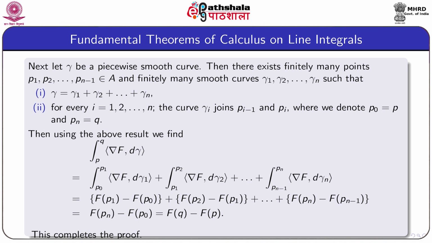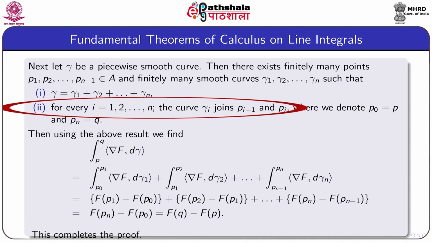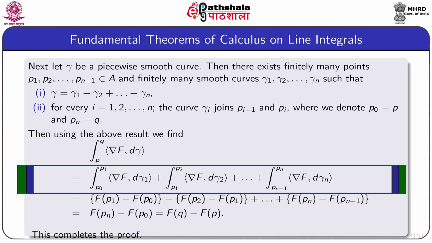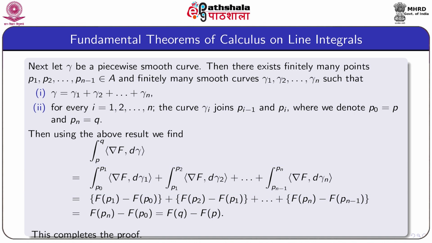All of these lie in the set A, and for every i equal to 1 up to n, the curve gamma i joins the points p(i minus 1) and p(i), where we denote p0 equal to P and pn equal to Q. Now we use the result we found for smooth curves, and we find the line integral from P to Q of gradient F d gamma equals the line integral of the same function for the curve gamma 1 from p0 to p1, added with the same thing for the curve gamma 2 from p1 to p2, and continue this up to the nth curve from the points p(n minus 1) to pn.